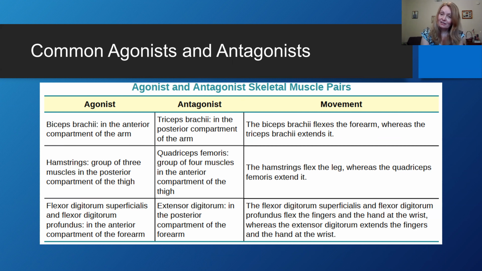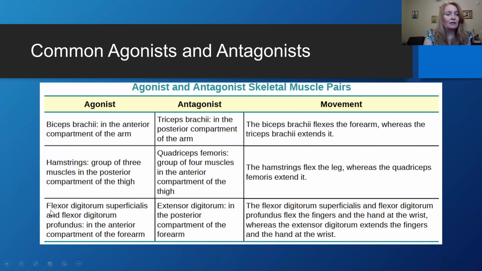You take these flexor muscles, like your biceps brachii, like your hamstring group, and you call them agonist. So they flex. And then you find the muscles that extend at the same joint, either a knee joint or elbow joint, and you call them antagonist.